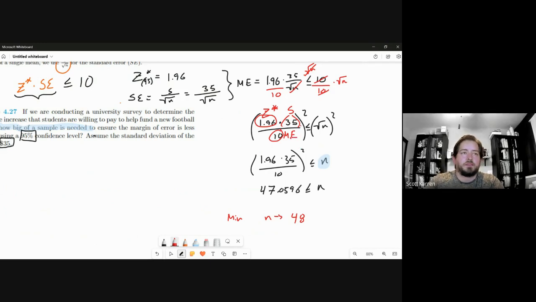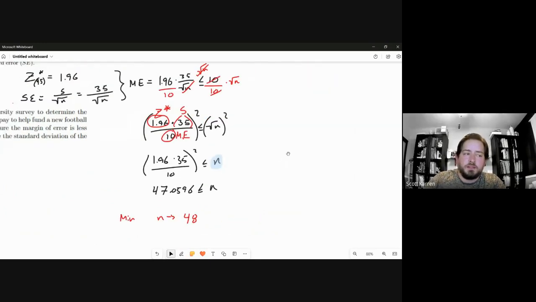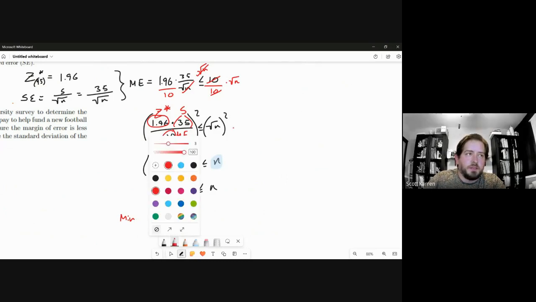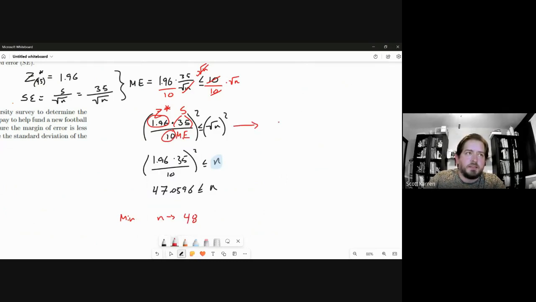And so we can simplify our lives rather than having to do the algebra every time. I'm going to write it the other way, N on the left, and therefore N is greater than or equal to my Z-star times S over the margin of error.